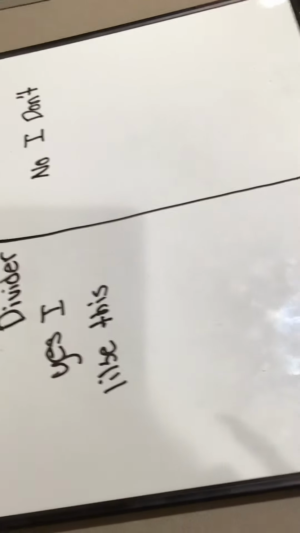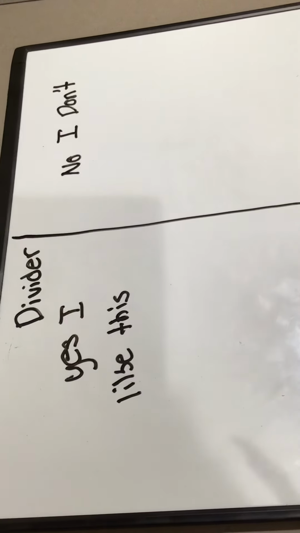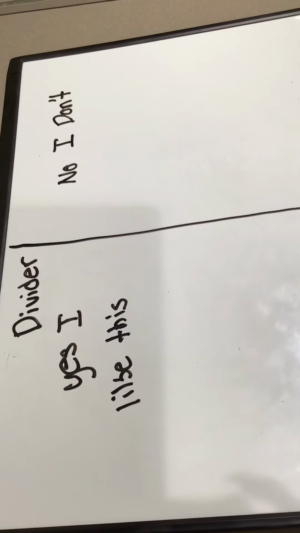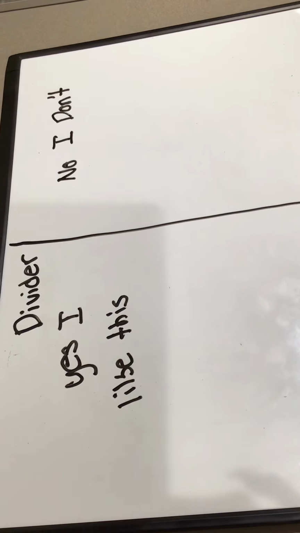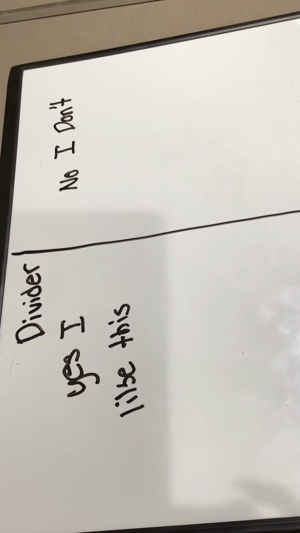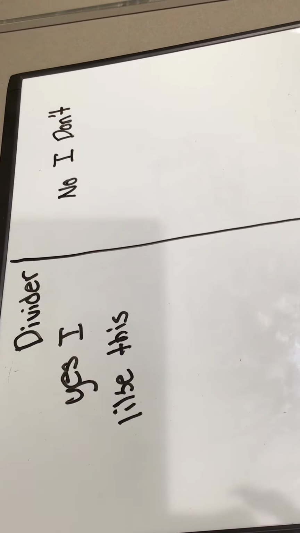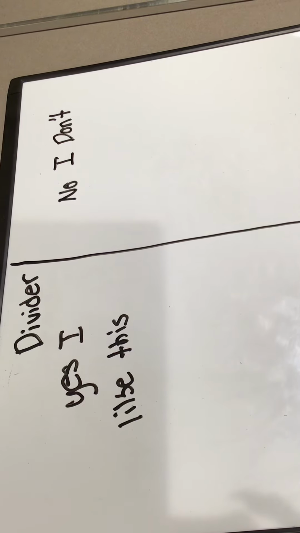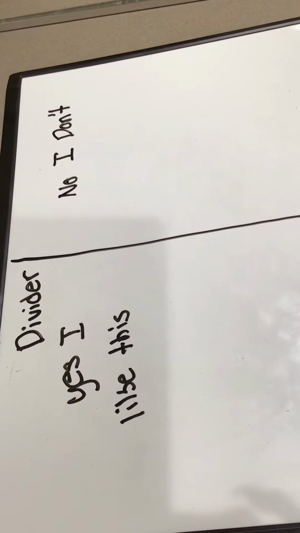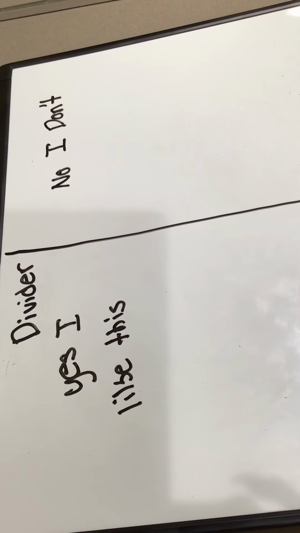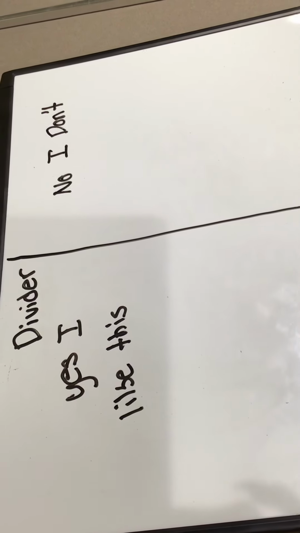As the teacher, you will be standing in the middle of the whiteboard, and you will be reading off or showing to your class, either way, different pictures or different items and things that they may or may not like. This is definitely a strategy that you can use for ELL students that are more shy to opening up and more shy to talking. This will allow them to express themselves and hopefully feel a little bit more comfortable.